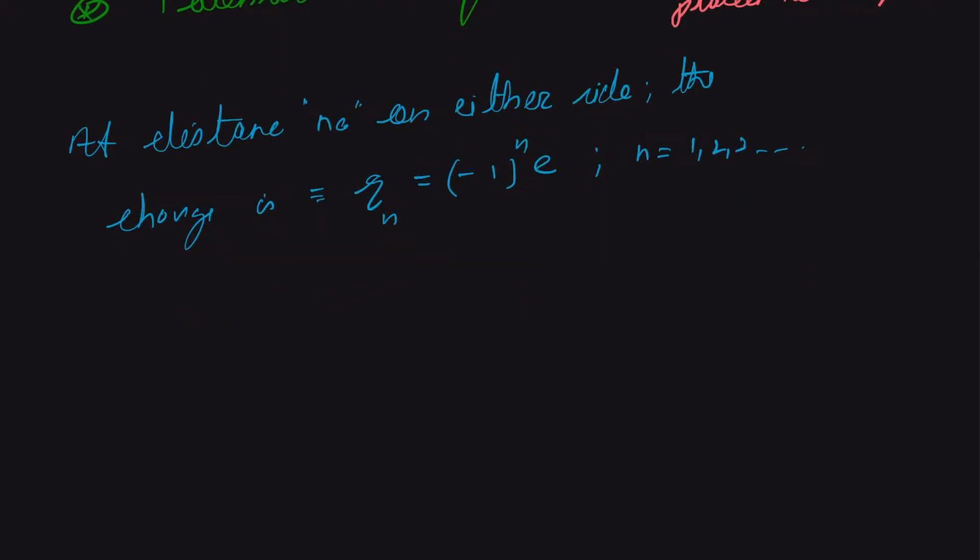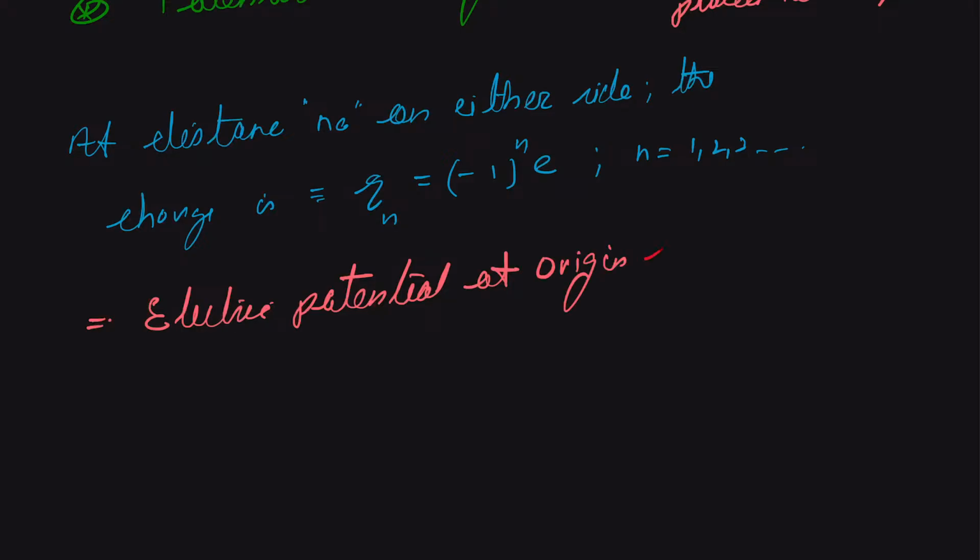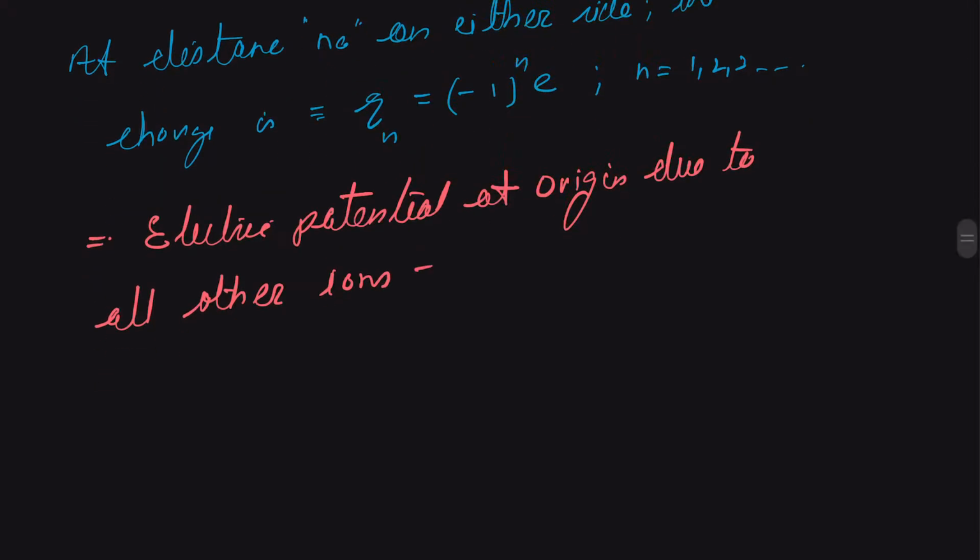Therefore we can write that our electric potential at origin due to all other ions, suppose that is V, then V will be equal to 1 upon 4 pi epsilon naught summation n 1 to infinity, and this will be true for our positive side as well as negative side.